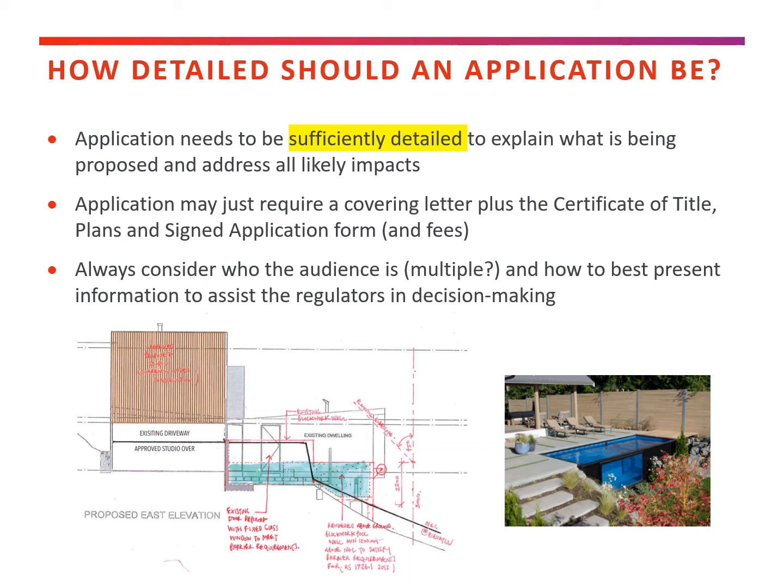There's a certificate of title, the plans, it's all pretty straightforward. Not a lot of detail, but enough for both the person in council and for anybody looking at this advertised application to figure out what is being proposed.